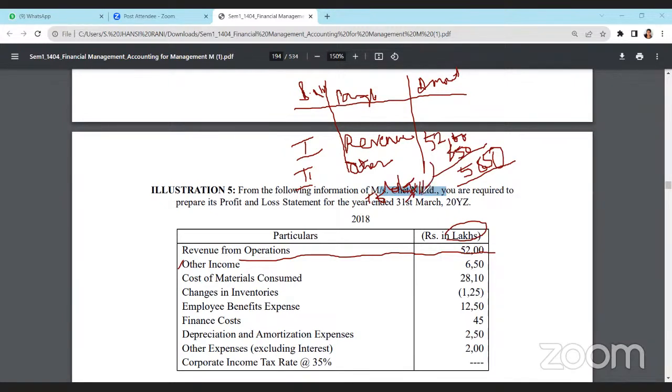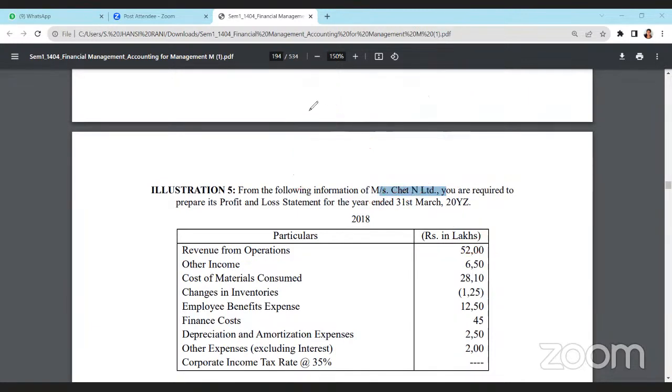Now let's see what expenses we have. That is Roman number 3. It is as per the format only that I am writing, so you have to read the format. So Roman number 3 is expenses. Under expenses, what's the first one? Cost of material consumed is given to us.